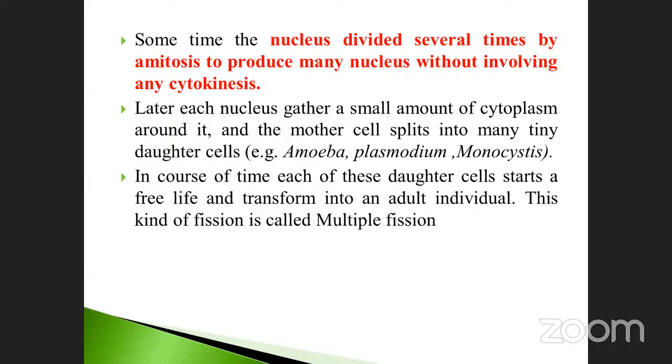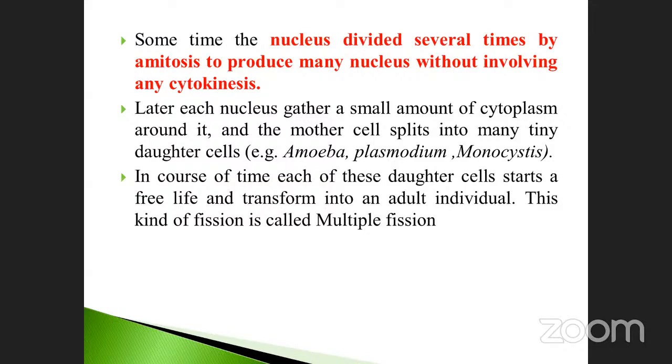See, sometimes the nucleus divides several times by amitosis. What is the meaning of amitosis? Sexual reproduction, asexual reproduction, and vegetative reproduction all take place. And sexual reproduction is only in which type of cell division? Meiosis. But asexual as well as vegetative reproduction mostly takes place in which type of cell division?